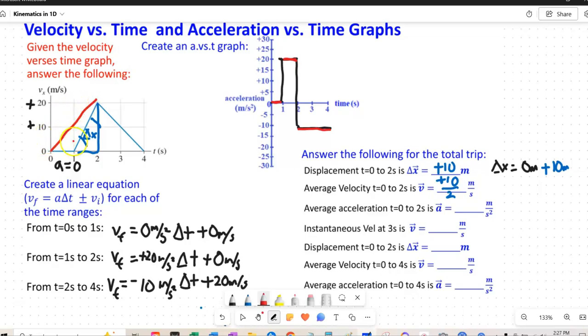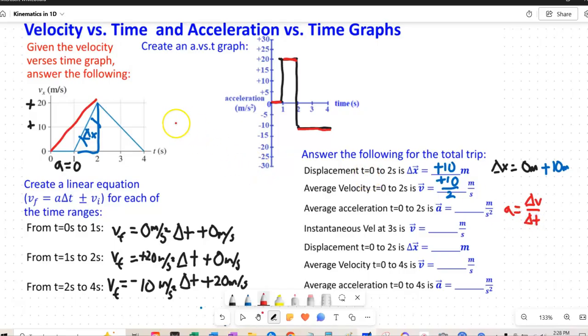A is equal to delta V over delta T, right?